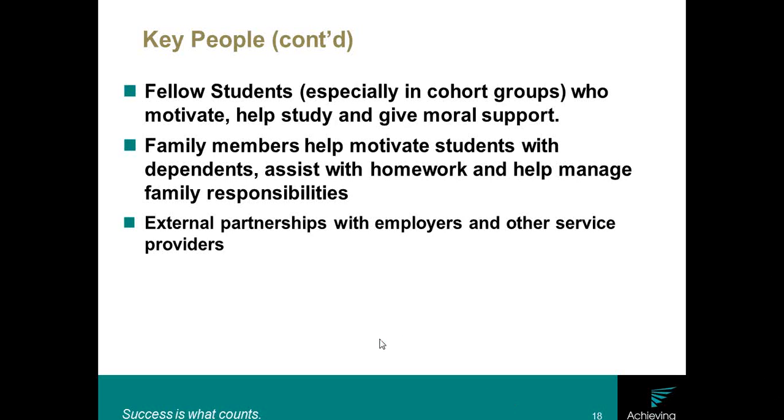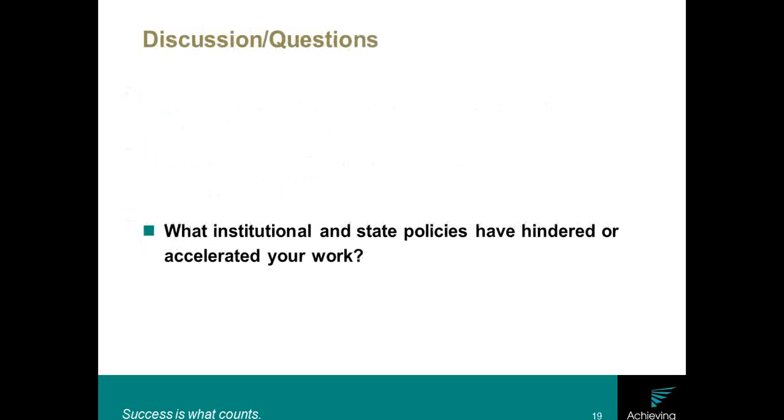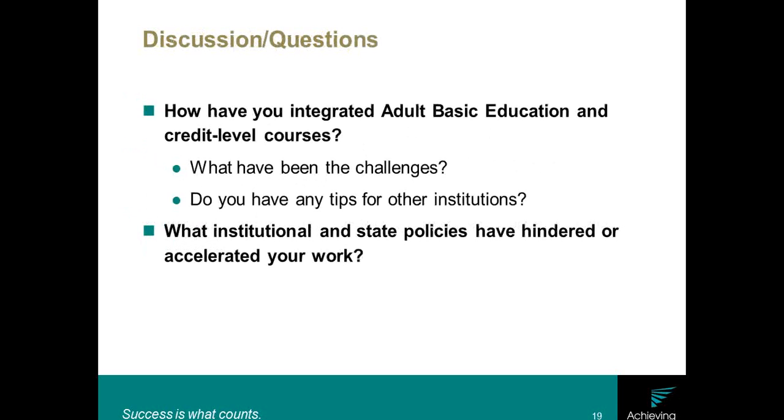I think now I'd like to move on to some of the discussion questions. Audience, please feel free to come up with any questions as we're talking. Go ahead and type them in, and we'll be sure to get them answered, or raise your hand. I wanted to turn over to the audience a little bit and see if anyone wanted to share how you've been integrating adult basic ed and credit level courses at your college, and talk a little bit about what the challenges have been and any tips you might have.